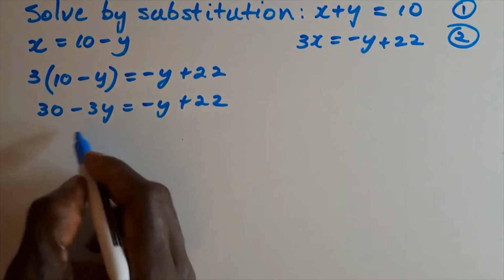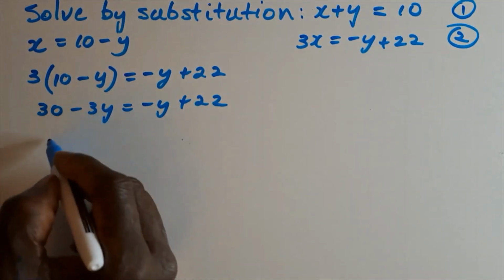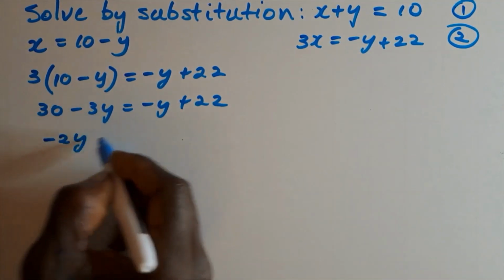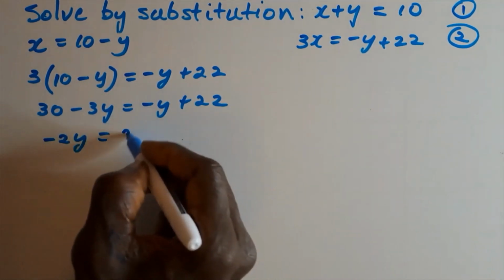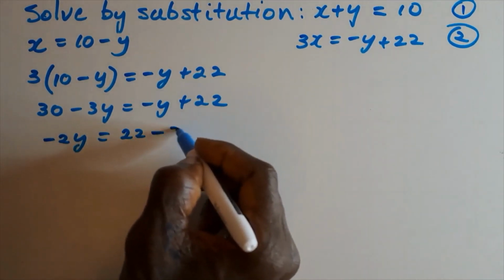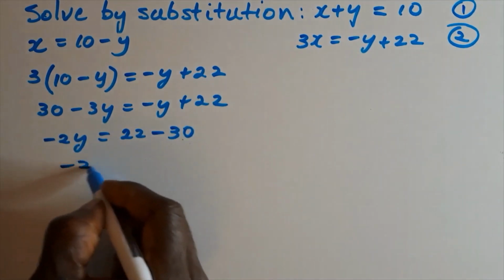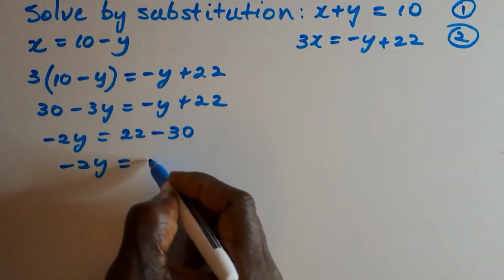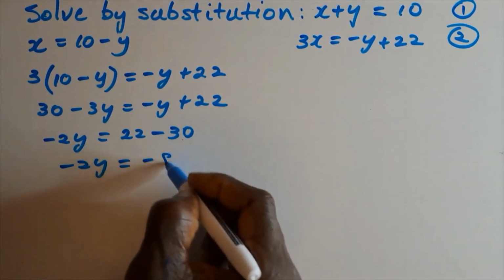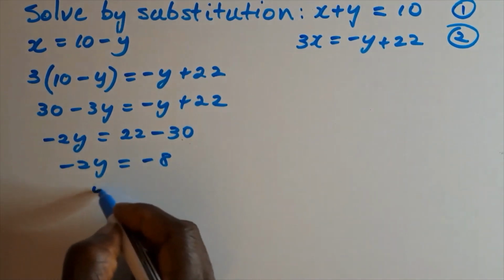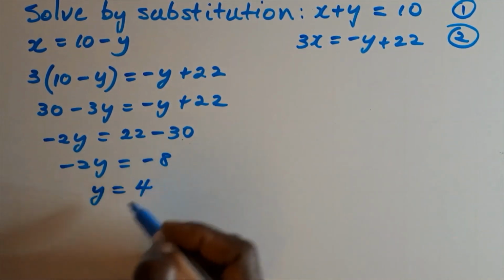Now, if we rearrange this, we have -2y is equal to 22 - 30, -2y is equal to -8. So we have that y is equal to 4.